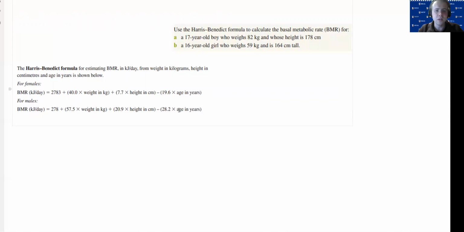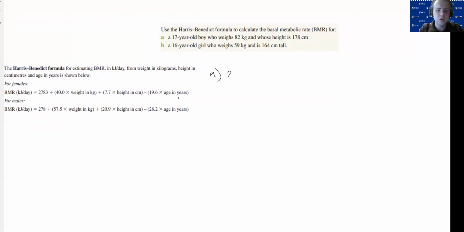So all we need to do is use the information in the question and use the formula that we're given. Again, you don't need to memorize this formula. You just need to use the information that you're given. So for part A, we've got a 17-year-old boy, so we're going to use the male formula. He weighs 82 kilos and his height is 178 centimeters.